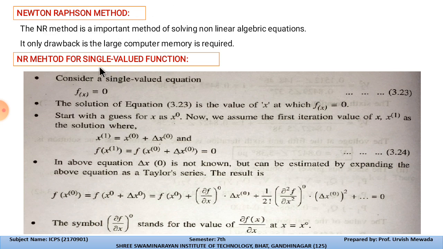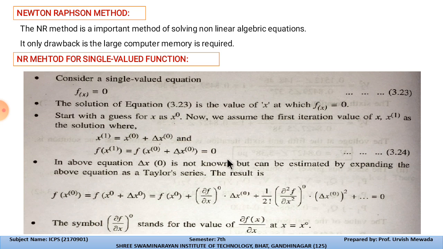Let us start with the NR method for a single valued function. This is the basic solution of the NR method. Let us consider a single valued equation where f of x is equal to 0. The solution of this equation is the value of x at which f of x is equal to 0. Let us start with a guess for x as x raised to 0, the first iteration.